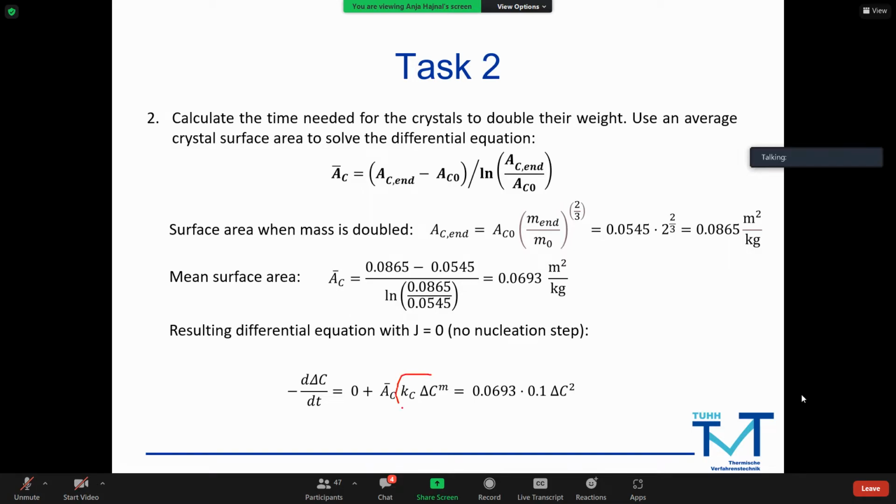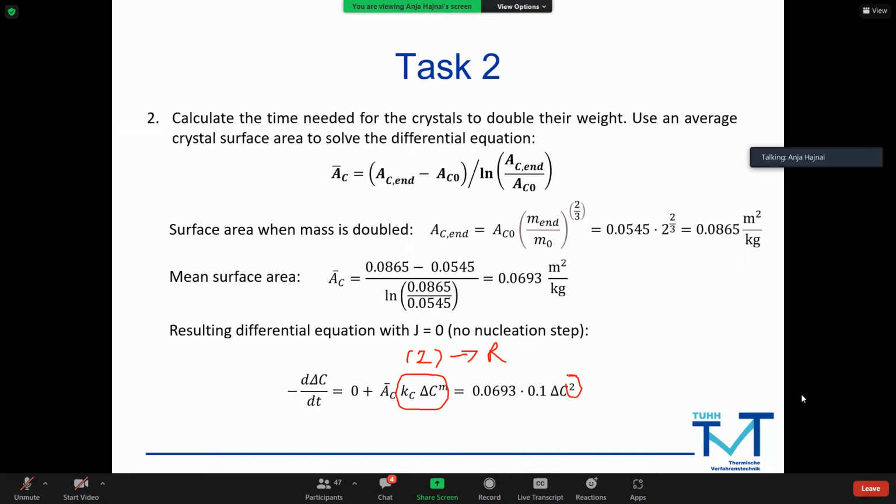sorry, this whole part is from the equation 2, and this is your R. It's called the overall growth rate of crystals. It's given by the task that for this system, m is 2, but it doesn't have to be 2.